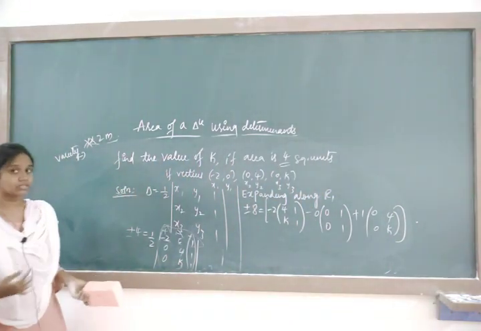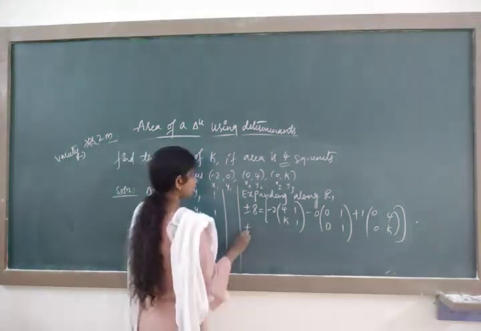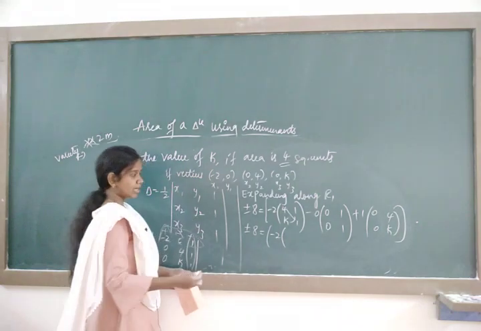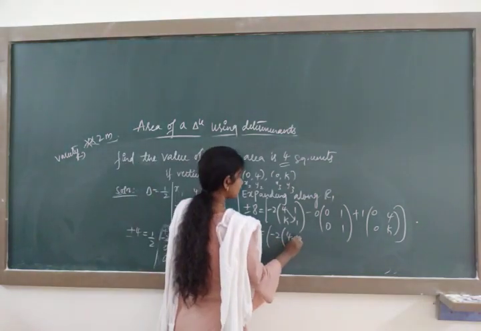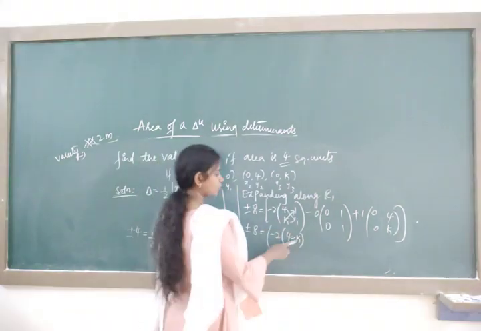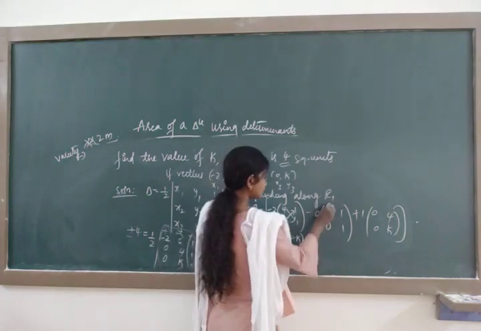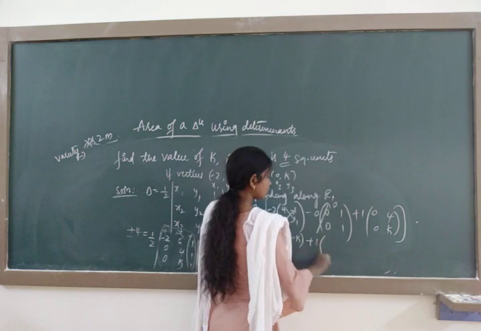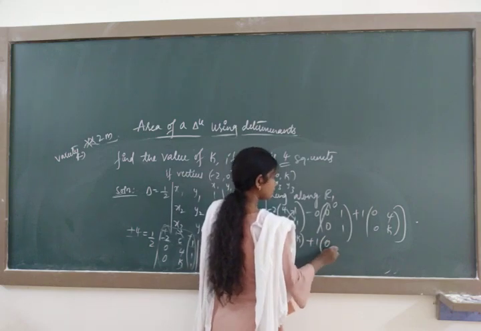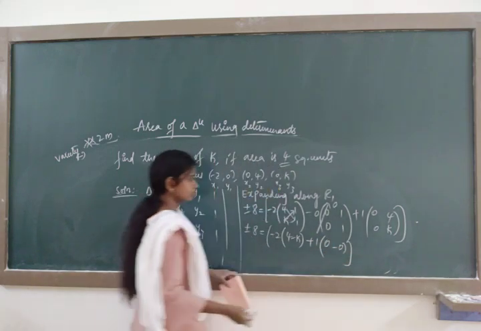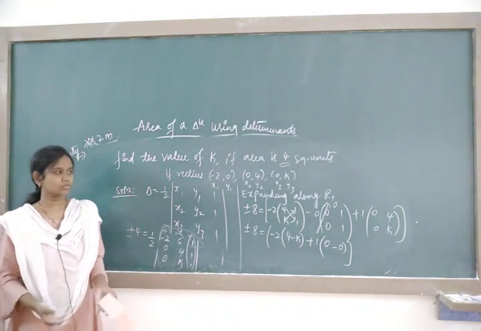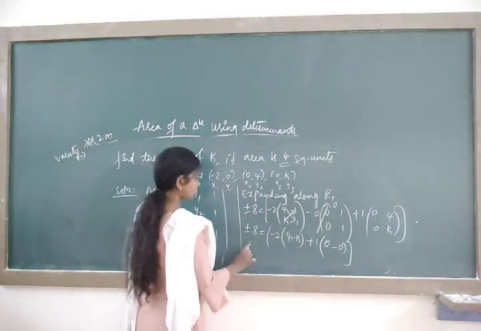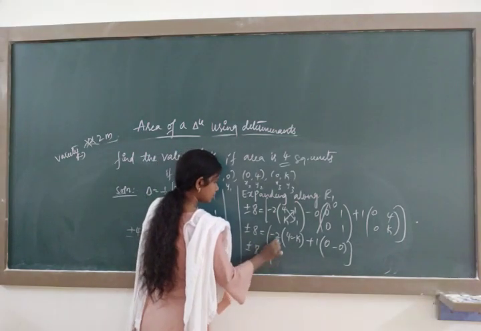This is about the third order expansion. Now again further second order expansion: plus or minus 8, minus 2 of, primary diagonal 4, minus k. While moving to the secondary diagonal, take minus. This will be eliminated because 0 into something is 0. Plus 1 of 0 k minus 0 4; 0 into k is 0, 0 into 4 is 0. Now it's plus or minus 8. Take inside.